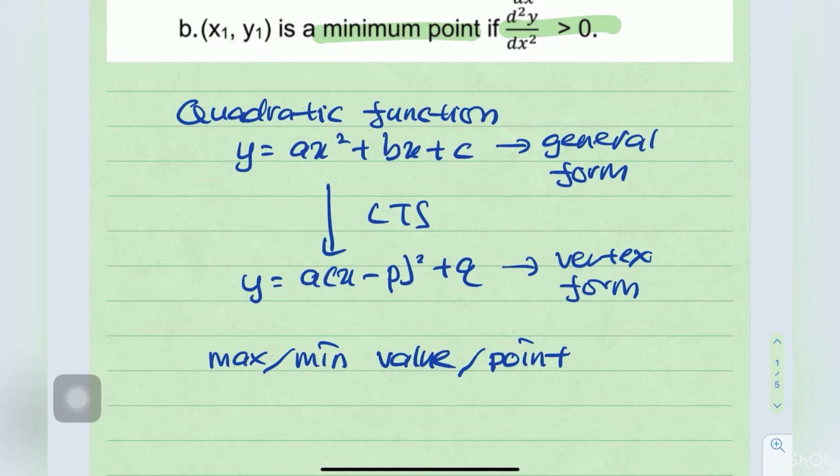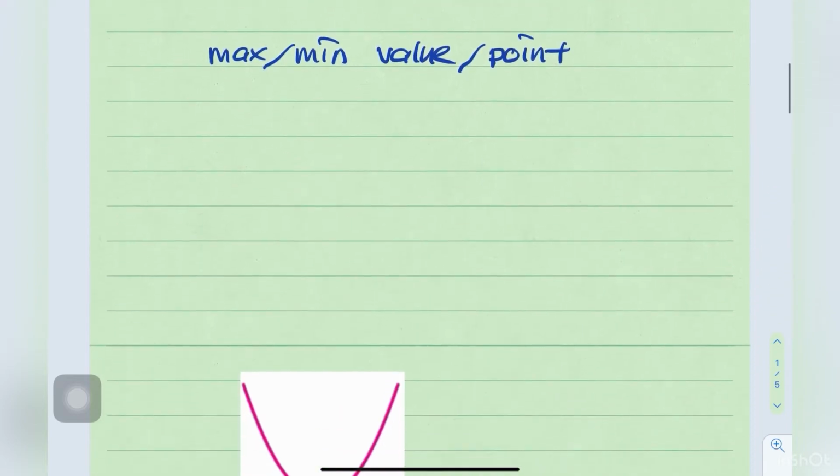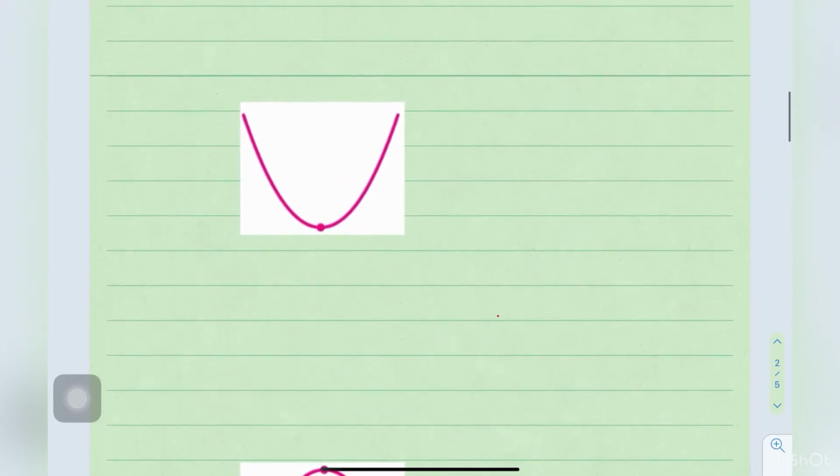To explain that, let's say we have a parabola with a minimum value. Let's say we have a point here, and we have a tangent.